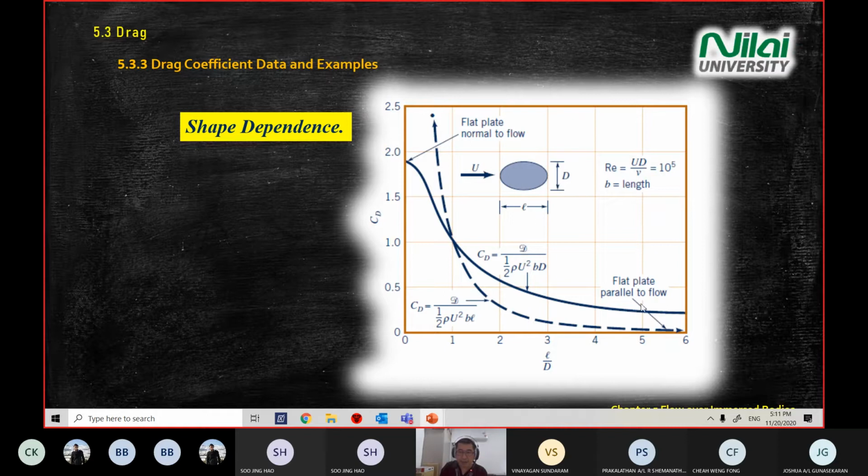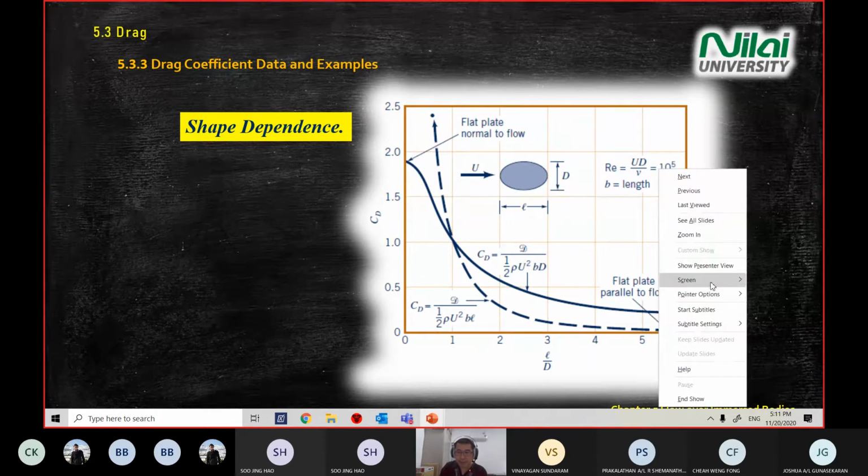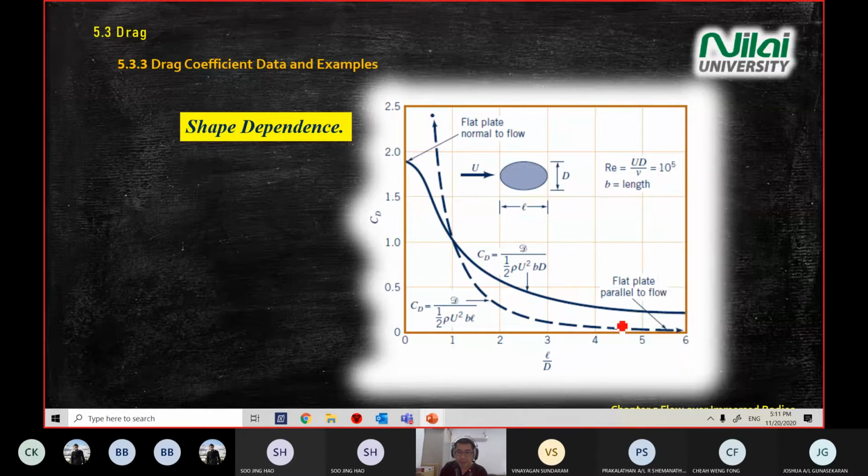If you illustrate the ratio below here, this is a round circle. Apologies for my drawing. And this one is a little bit like this.